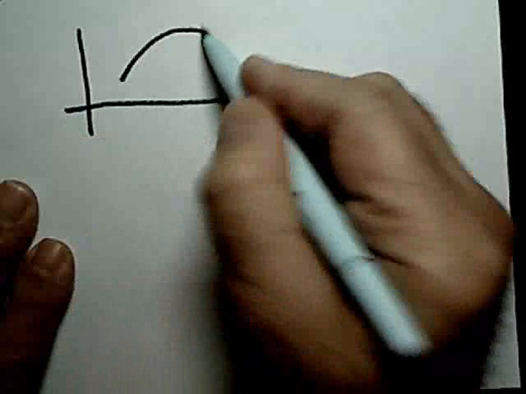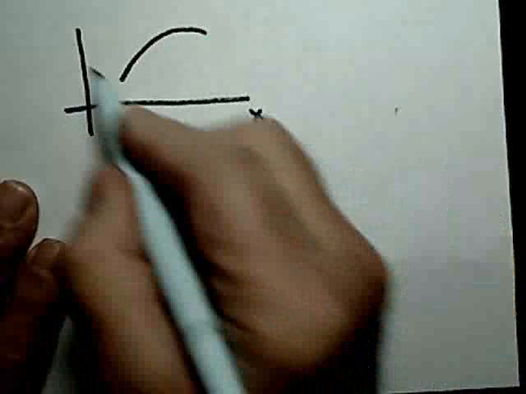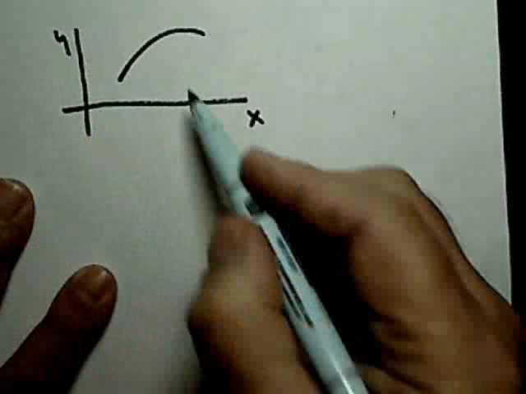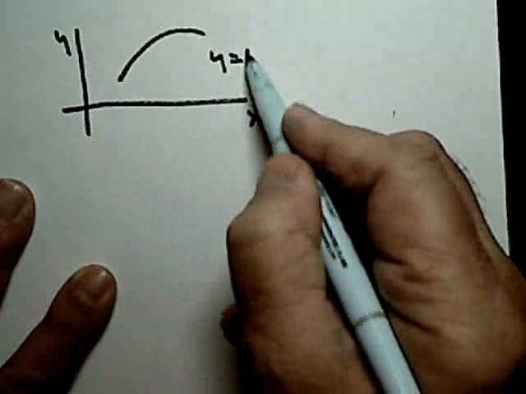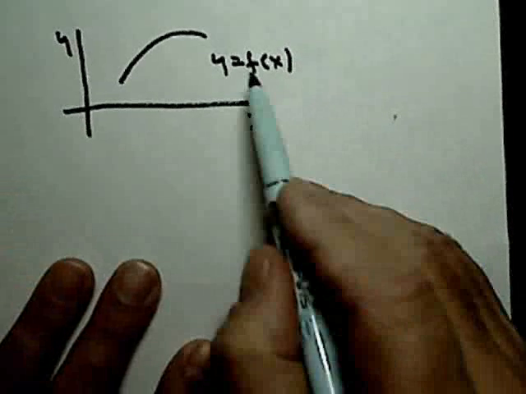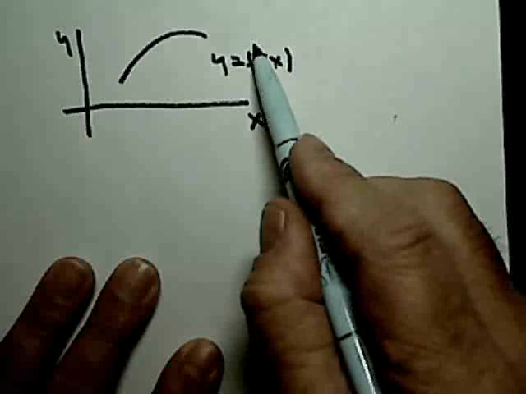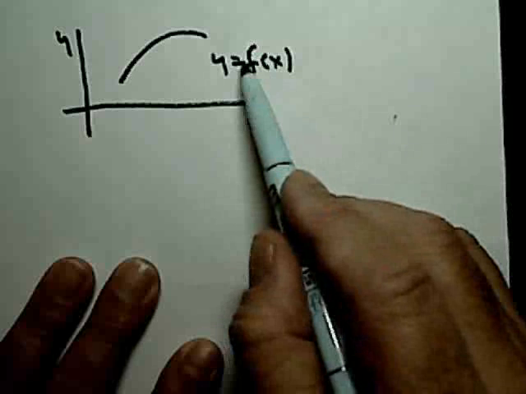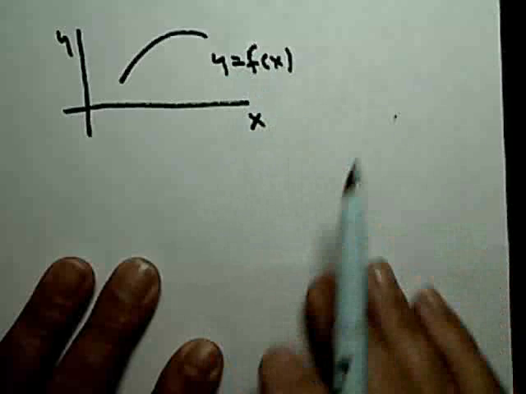Suppose you have a function like this, and suppose it's a curve function. Now this is the x-axis and this is the y-axis, and the notation we learned was y equals f of x. That's the standard notation, and f kind of stands for the word function, but you can use any letter here. You can have y equals g of x, or y equals beta of x, or whatever.